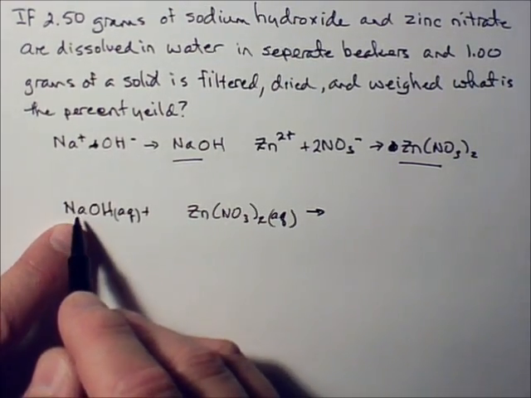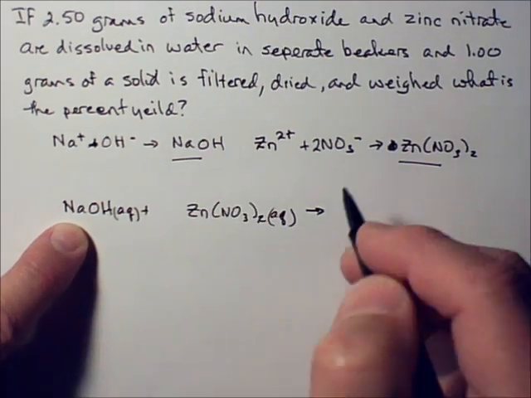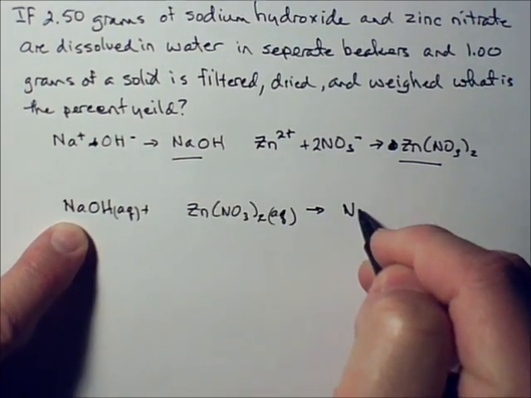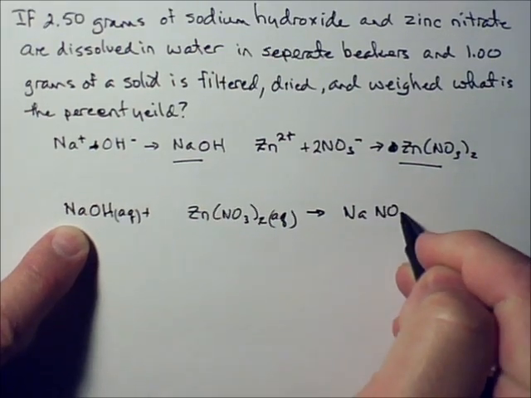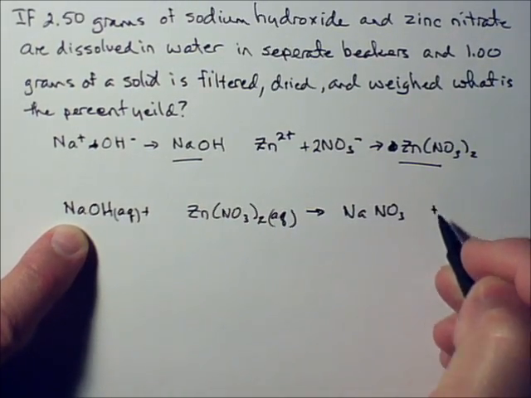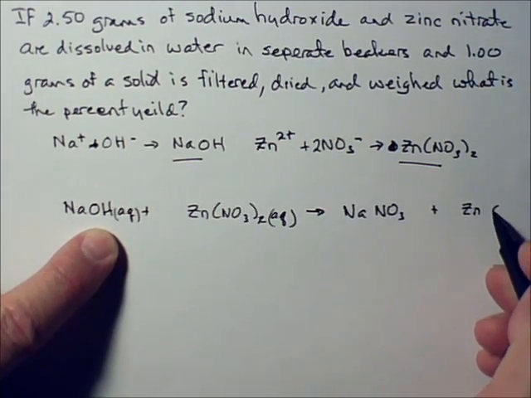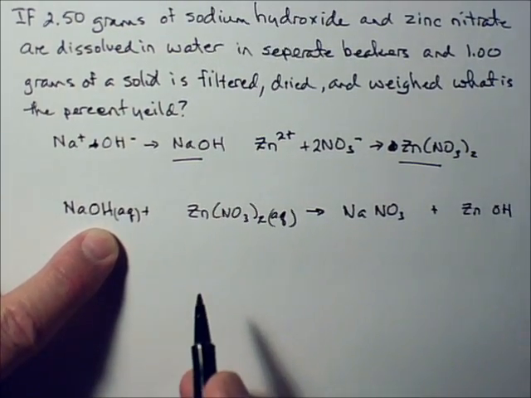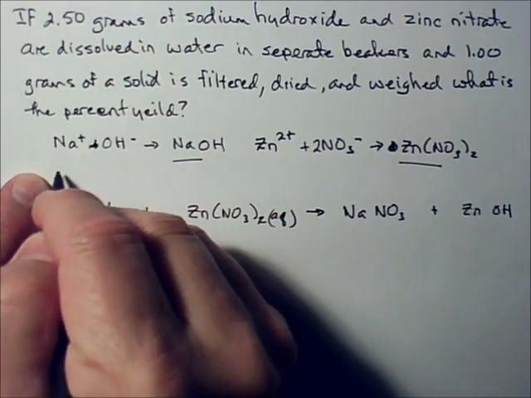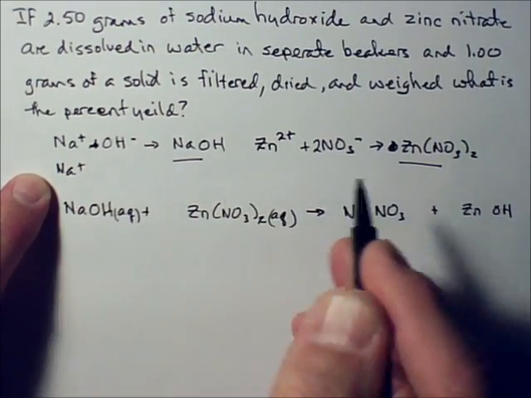Anyway, so we're going to put Na with NO3. I haven't checked it balancing it. I'm just putting the 2 parts together and the zinc with the hydroxide. But I need to balance those formulas. Okay? So Na, we said, has a 1 plus charge.